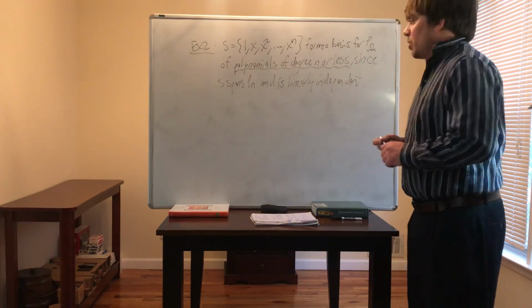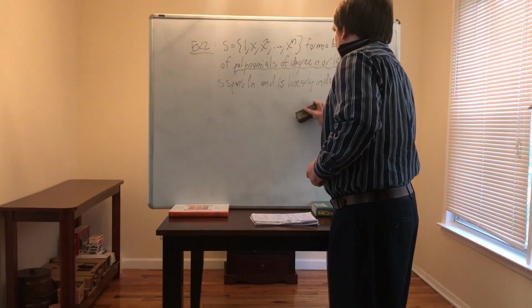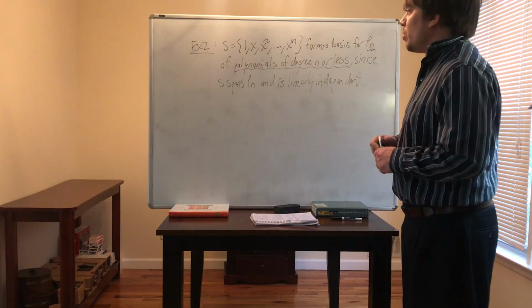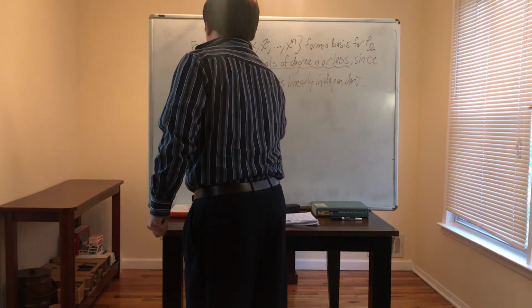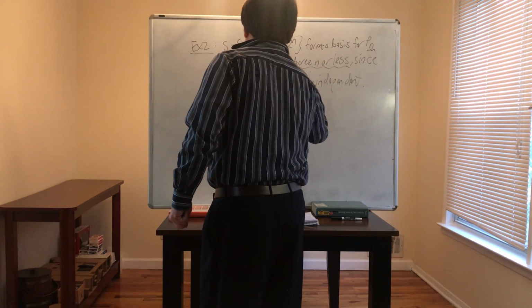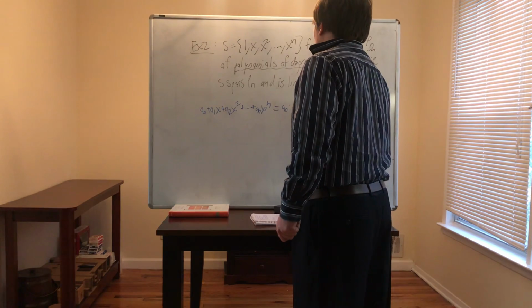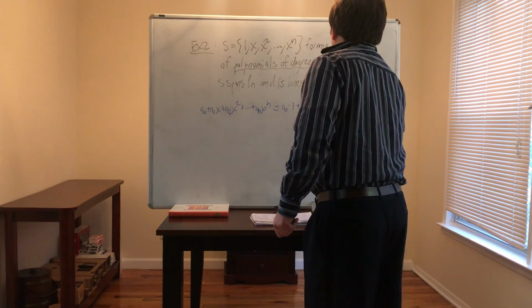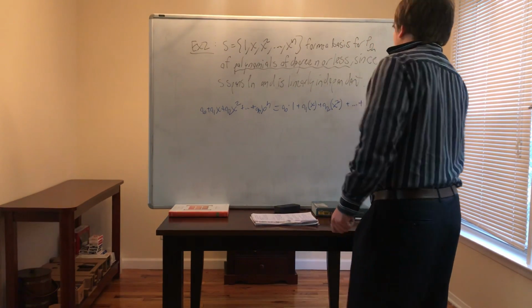I'm going to switch to the blue marker. Okay, good. And so it spans P sub n because every polynomial in P sub n, if you took a polynomial a naught plus a1 x plus a2 x squared plus dot dot dot plus a sub n x to the n, that would equal a naught times 1 plus a1 times x plus a2 times x squared plus dot dot dot plus a sub n times x to the n.